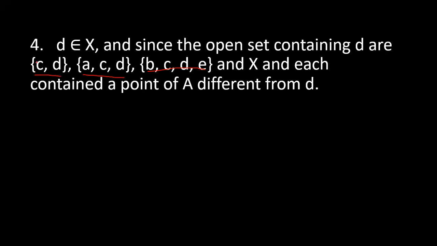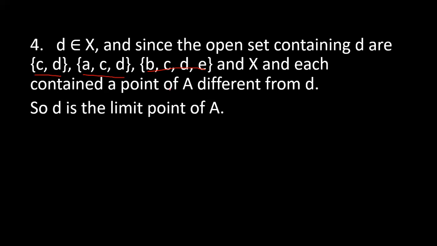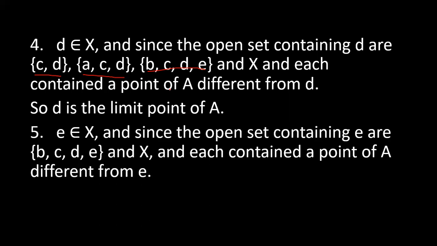We will get one point in case of {c, d}, and that point is c. In case of {a, c, d}, we will get {a, c}, and in case of {b, c, d, e}, we will get {b, c}. So in every case we get a non-empty set. So d is an accumulation point or limit point of A.